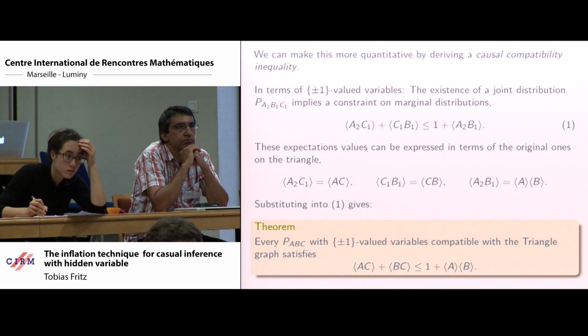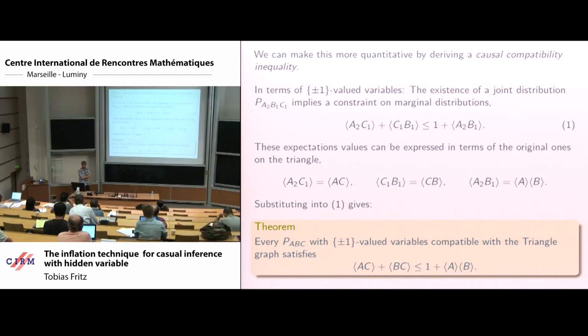A bit more explicitly, it's more convenient for writing down the inequalities to use the outcomes plus and minus 1 for these variables. It's just a reparameterization or relabeling. So in terms of plus-minus 1 valued outcomes, there is a linear inequality for expectation values that holds whenever your three variables A2, C1, and B1 have some joint distribution.